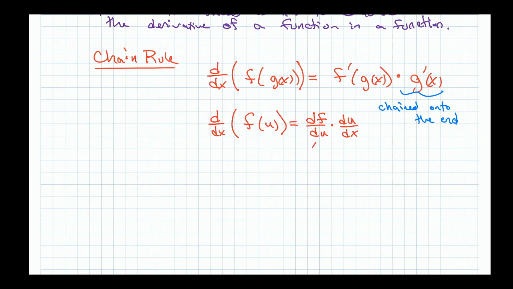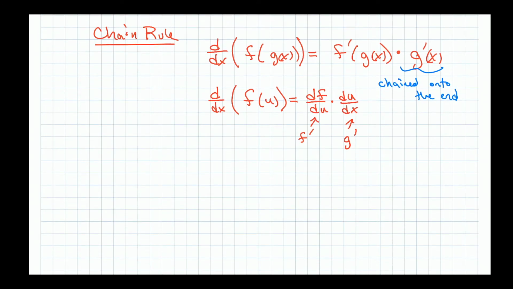And so this is your f prime from up above, and this is your g prime from up above. And generally we're going to be using the first set of formulas there, and that's what we're normally going to be doing.